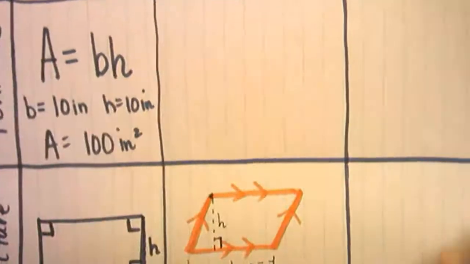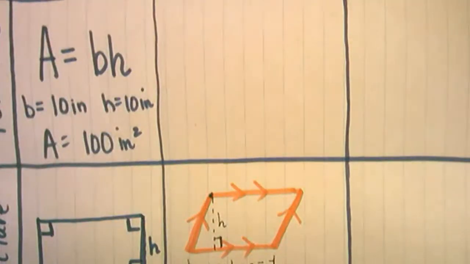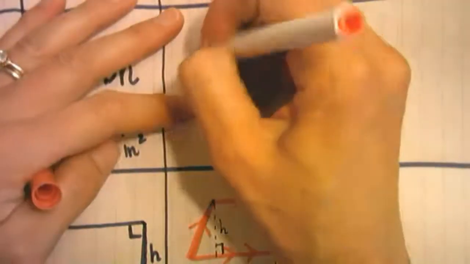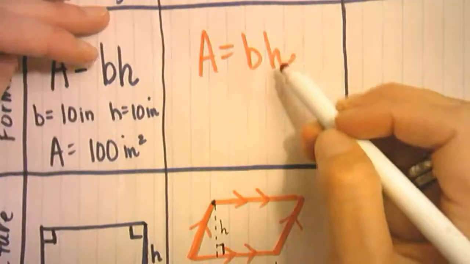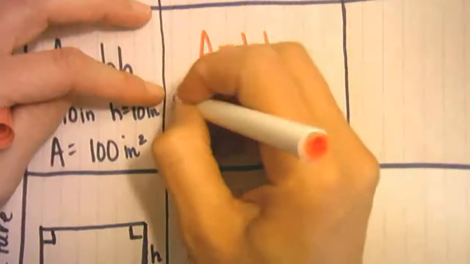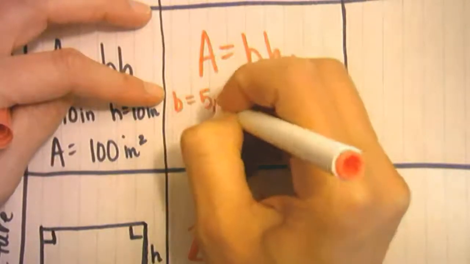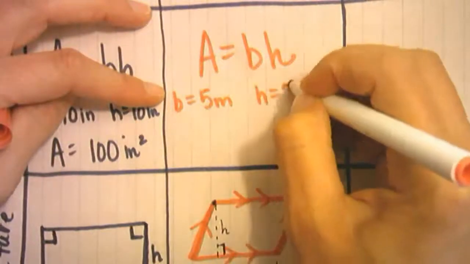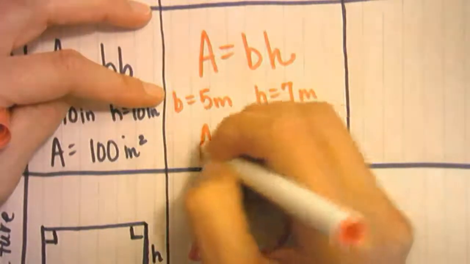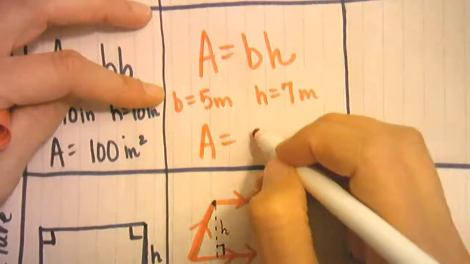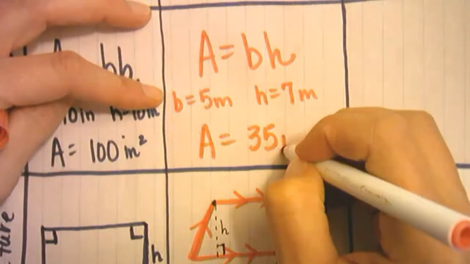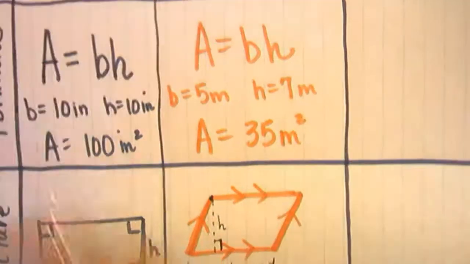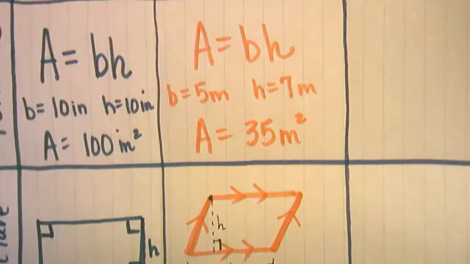Because it's basically a rearranged rectangle, the formula for a parallelogram is still base times height. It's just sometimes a little bit harder to see what the height is. So if the base was 5 meters and the height was 7 meters, what would the area be? 35, not meters. Meters squared. Yeah, we write meters squared, but we say square meters.